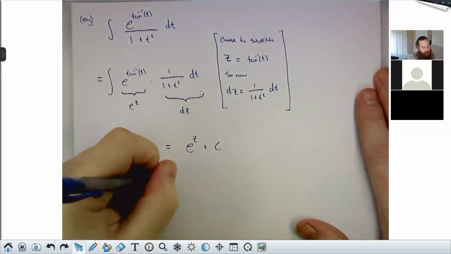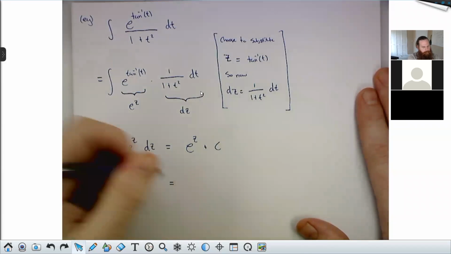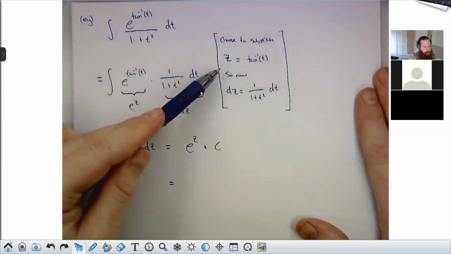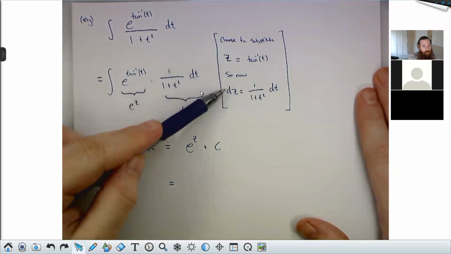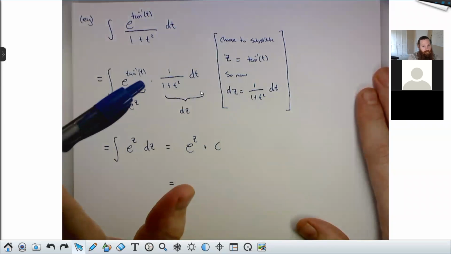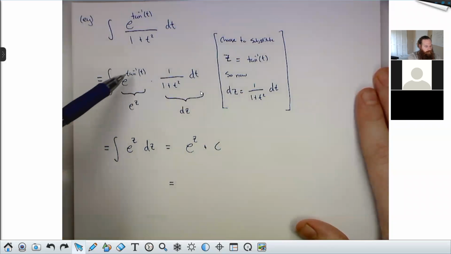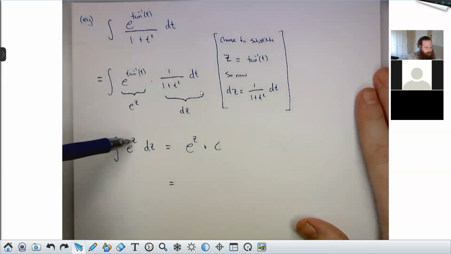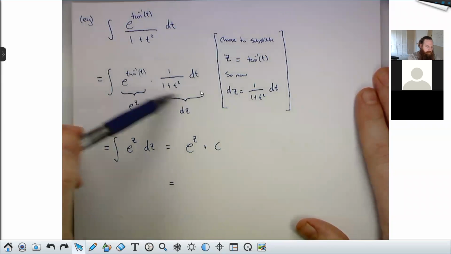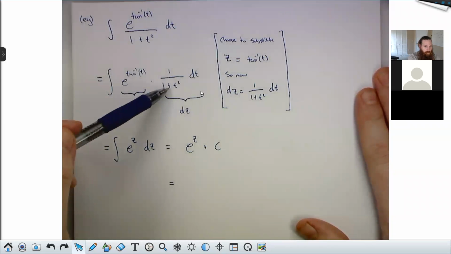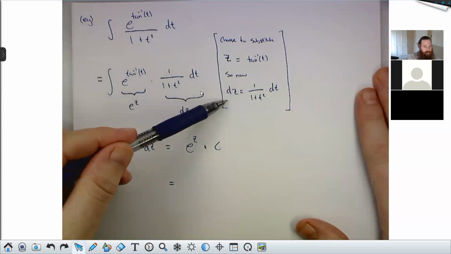And then your last step, so you make the substitution. You need to do this differential stuff. Without this, nothing makes sense. It's all out the window. You substitute for this piece, so this becomes e to the z. And this piece, very conveniently, happens to be exactly dz.